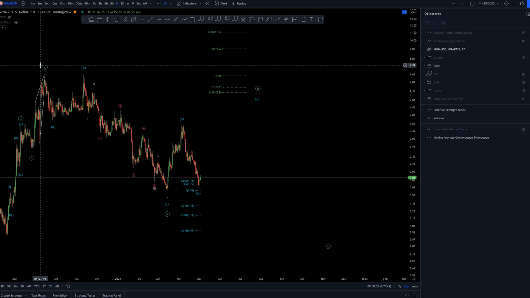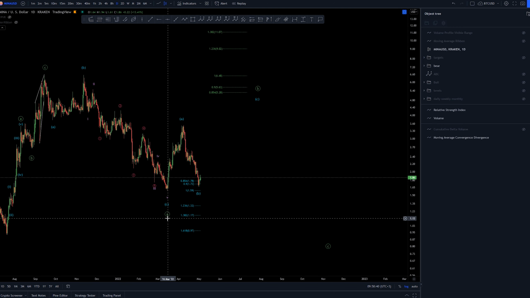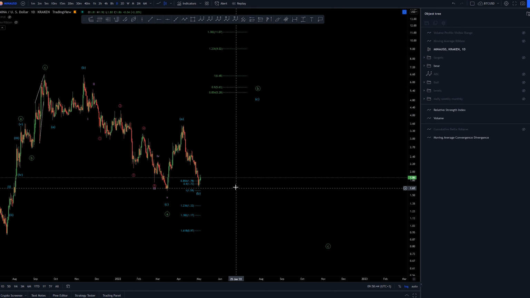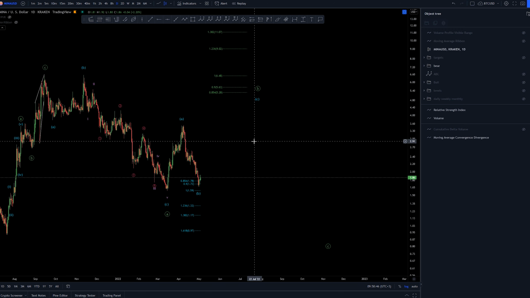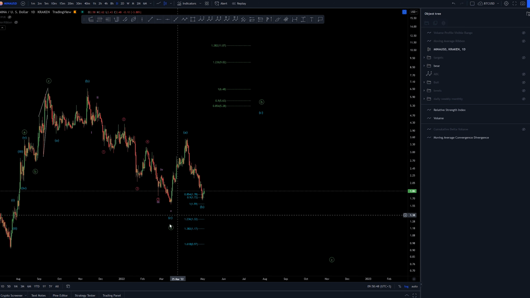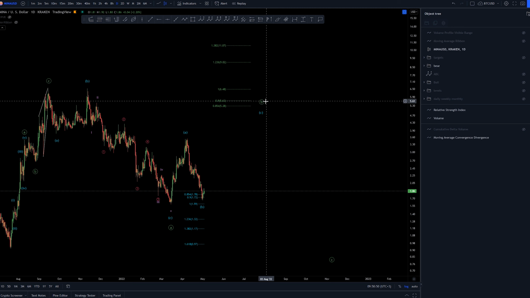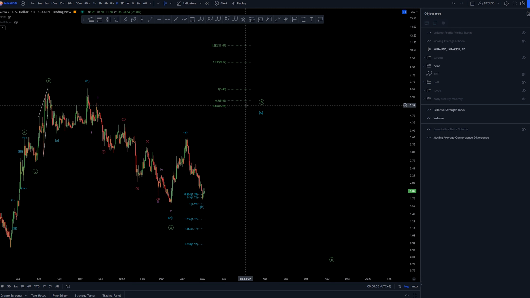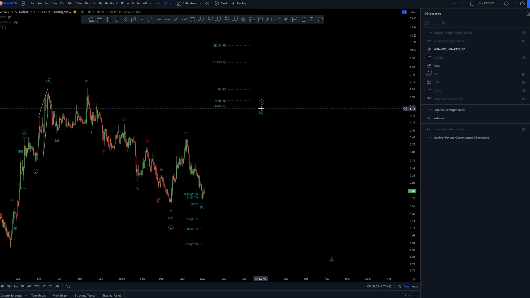Now instead of being 5 waves for a zigzag, we would be looking for 3 waves. So meaning that this is either a flat pattern or a complex pattern with WXY. So here we would be looking for at least 90% retracement for the B wave.